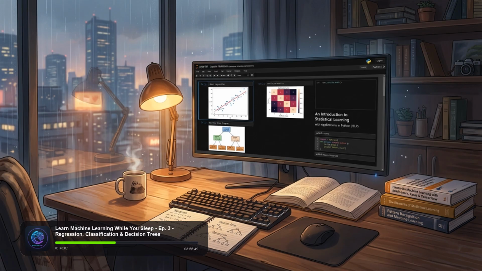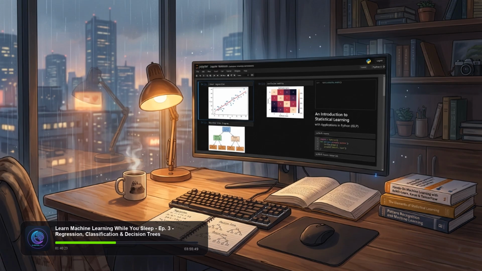When deployed in production, a fitted logistic regression model generates continuous predicted probabilities. To convert these continuous probabilities into discrete binary class assignments, we establish a decision threshold, typically defaulting to 0.5.